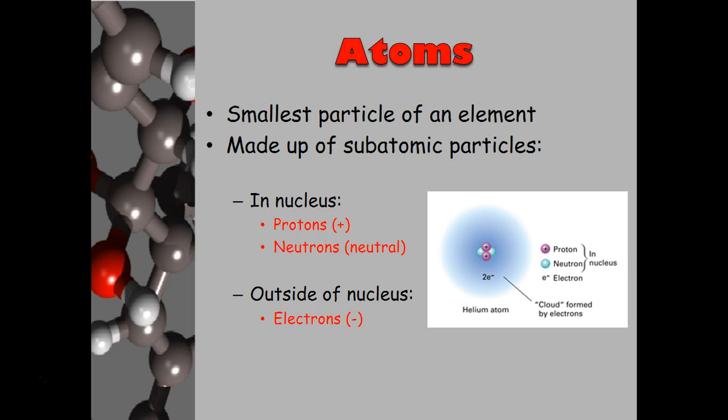And that's where most of the mass of an atom exists. These protons and neutrons are pretty large particles. So overall, the nucleus of your atom contains the majority of its mass, and its overall net charge is positive, right? Positives from the protons, no charge from the neutrons, and so overall your nucleus is positively charged.